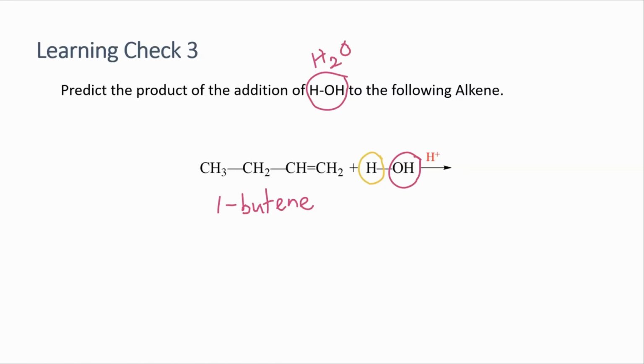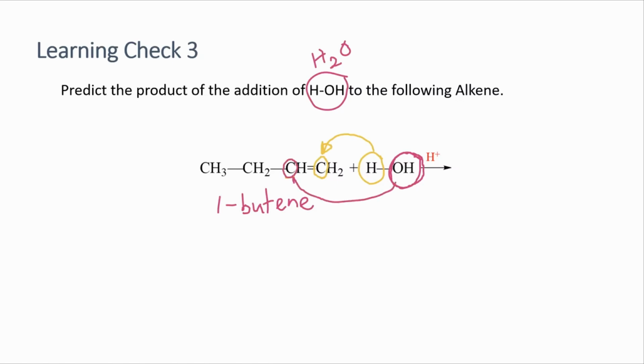According to rule number 1, the hydrogen will go and attach to the carbon containing the highest number of hydrogen atoms. Out of these two carbon atoms, the highest number of hydrogen atoms are in this carbon, so it will go and attach to that carbon. Rule number 2 is the hydroxide group will go and attach to the carbon with the fewer number of hydrogen atoms, which is this carbon.